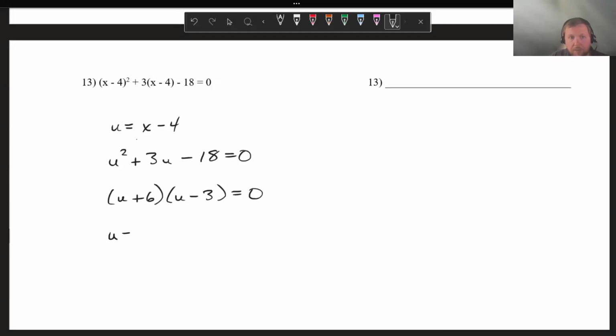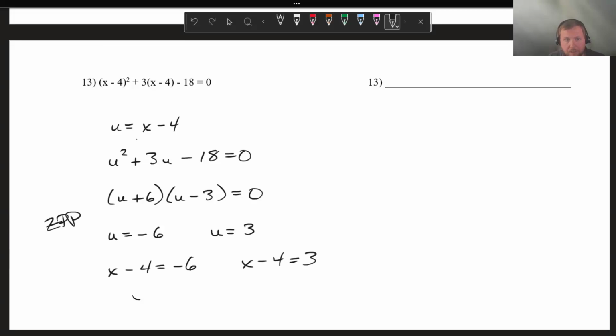And I end up with u is equal to negative 6 and u is equal to 3 by the zero product property. And then I replace my u's with x minus 4. So I have x minus 4 equals negative 6 and x minus 4 is equal to 3. So I have x is equal to negative 2 and x is equal to negative 1.